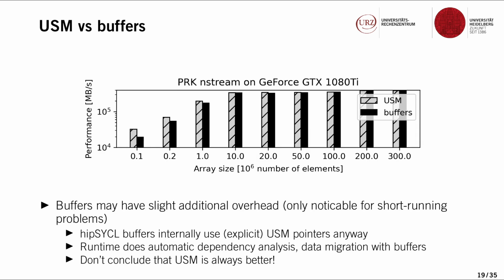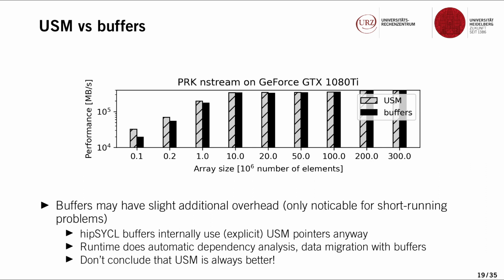If we look at how performance between USM and buffers compares, we see that if we decrease the problem size, we start to see some performance gap between USM and buffers, where USM outperforms buffers. And this is because buffers may have a slight additional overhead, which can be noticeable if you have short running problems. In hipSYCL, buffers internally use explicit USM pointers anyway, so buffers just add an additional layer on top of that.